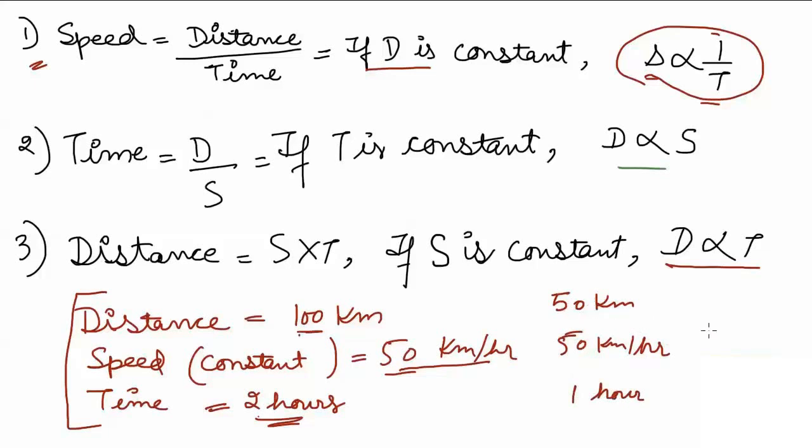In case the speed is constant again, and the distance increases from 100 kilometers to 200 kilometers, we can cover 200 kilometers at 50 kilometers per hour in 4 hours, since 200 divided by 50 is 4 hours. So as the distance decreases, the time to cover the distance also decreases, and as the distance increases, the time to cover the distance also increases.